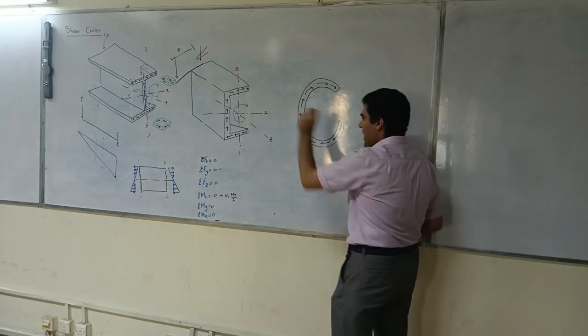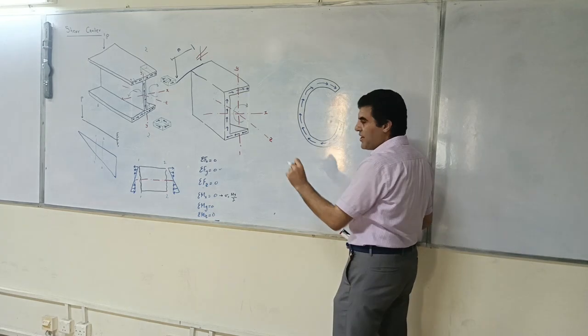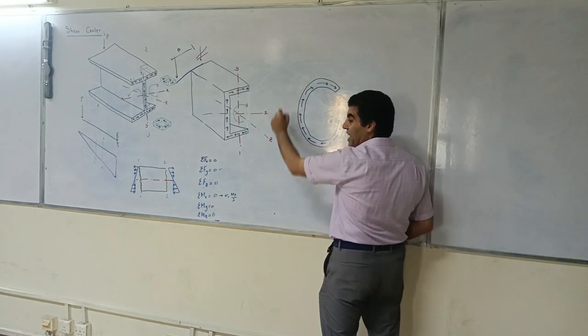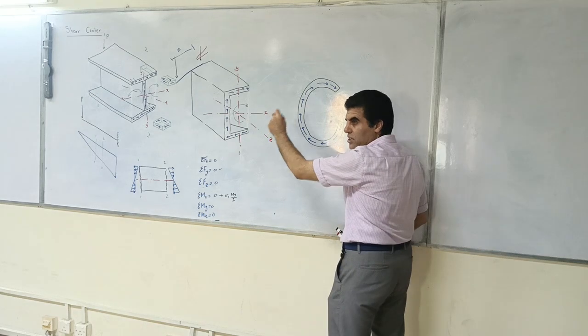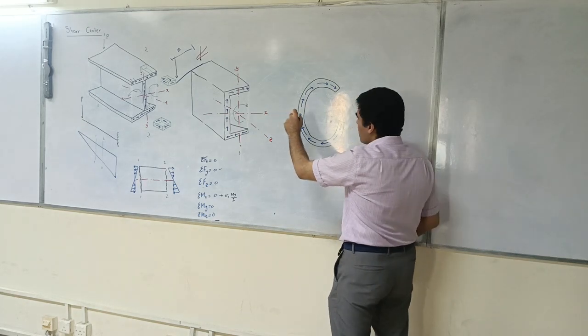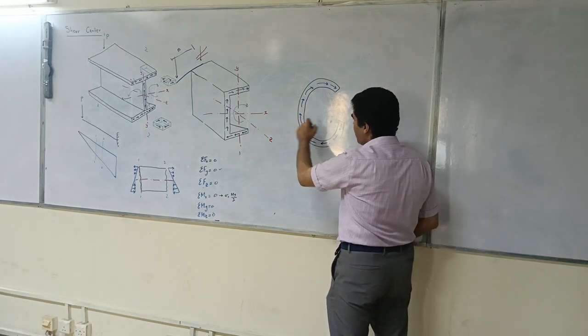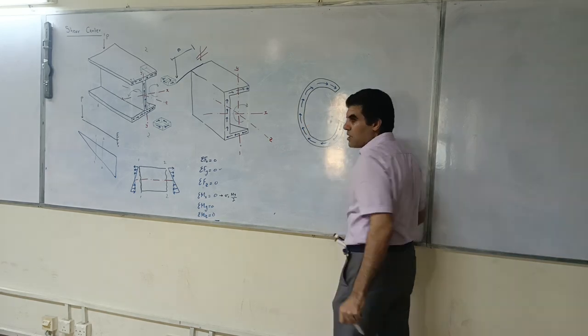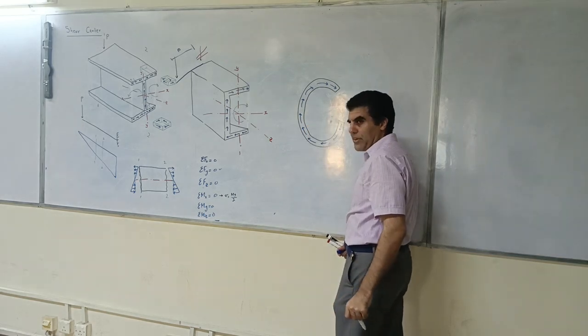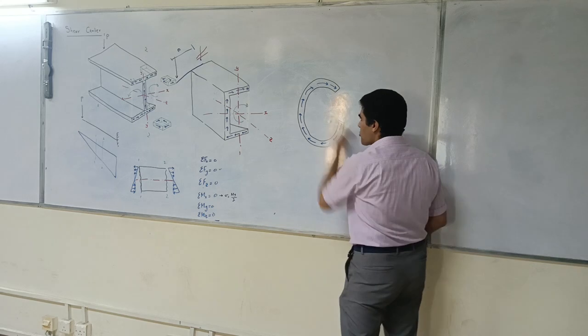And so this will again be a radial direction, and you will have to apply the load at a particular shear center from the non-symmetrical axis. Okay, so that is.